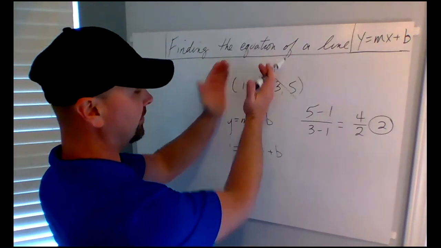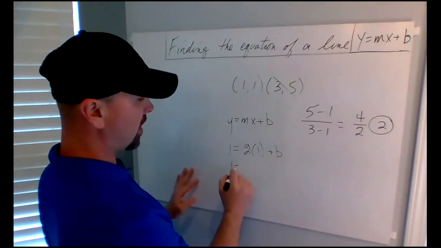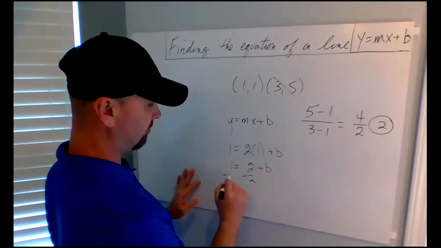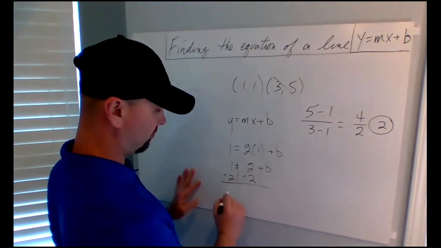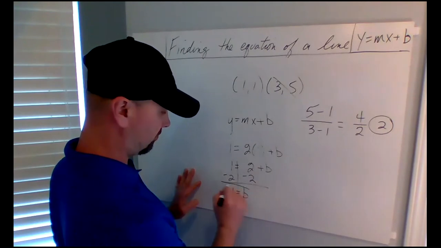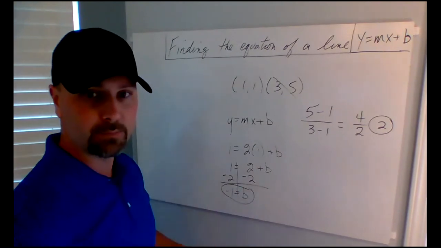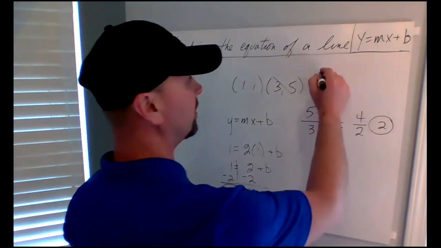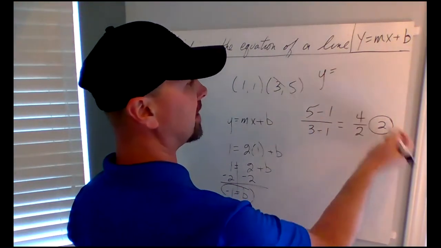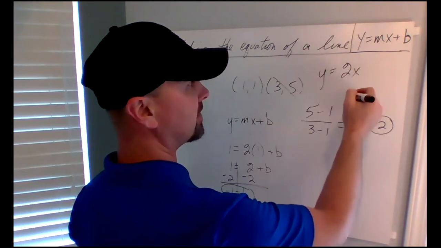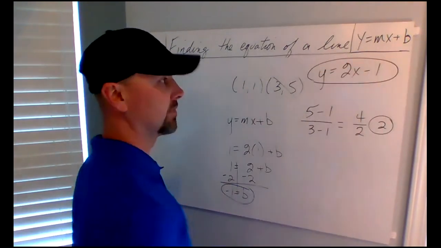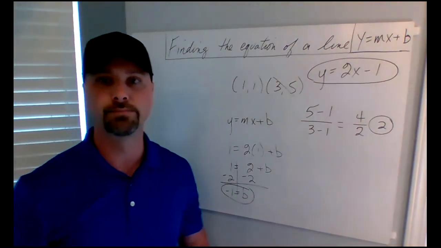Now I choose 1 to focus on. 1 is equal to 2 times 1 plus b. B is equal to negative 1. Now I write my equation. Y is equal to the slope times x plus or minus b. In this case, it's a negative 1.